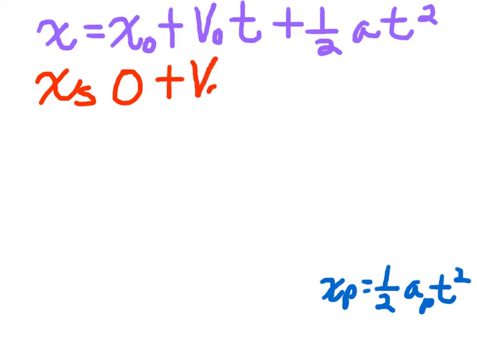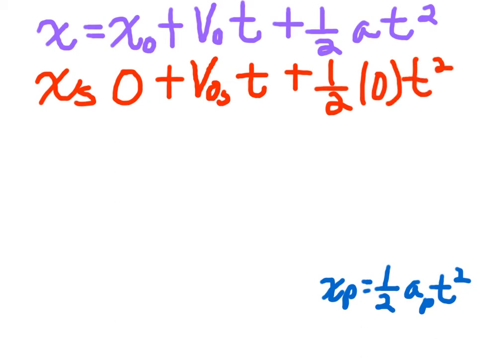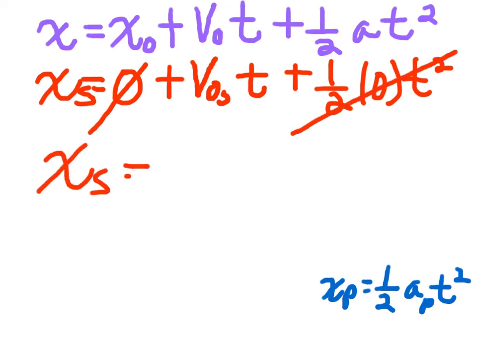I'm just going to leave it as v0 s for speeder times t plus 1/2. The speeder does not speed up or slow down, has a 0 acceleration, 0 t squared. Filled in the zeros, oh, I forgot my equal sign, just to show you what could be eliminated. So now the final position of the speeder simplifies to v0 s times t.